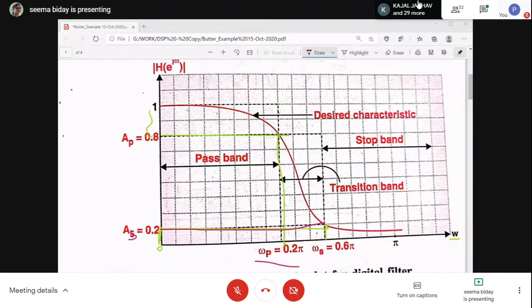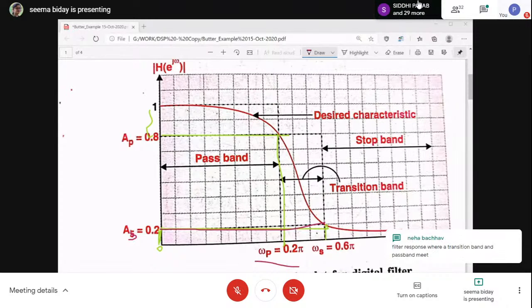Write down in the chat box, then we will proceed. You can use the resources which you have.